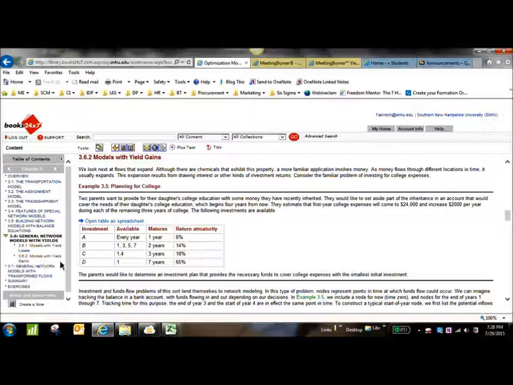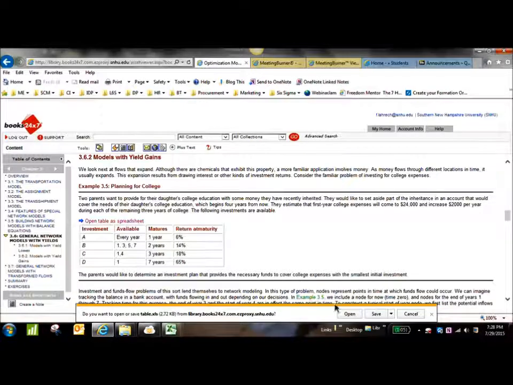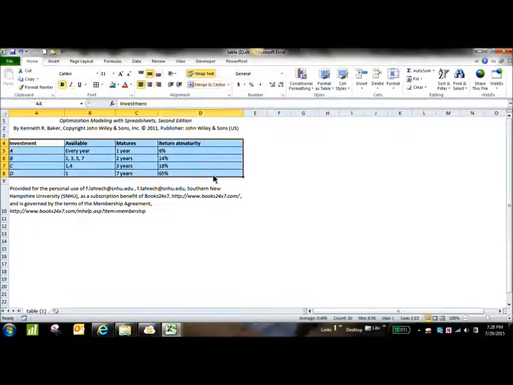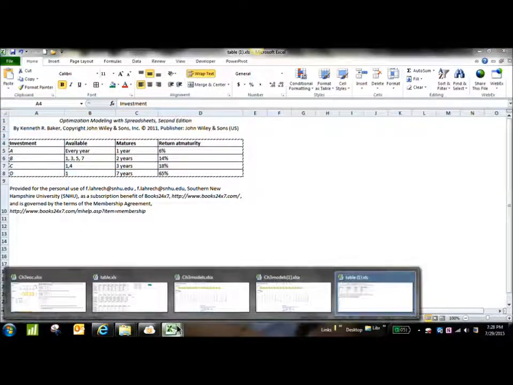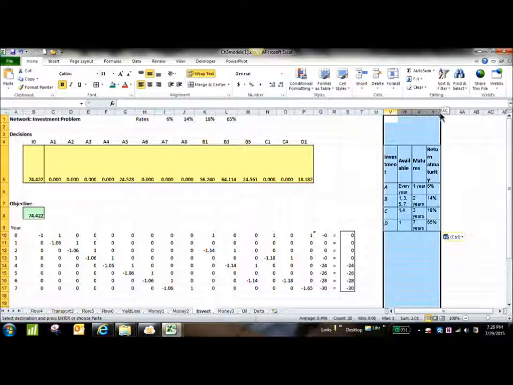This is the section where the textbook starts talking about yield gain. Once you read through this, it gives you a good understanding of what's going on. Let's open this spreadsheet. Open table spreadsheet. Let's copy this information. This is important information in order to understand this particular exercise. I'm going to paste this here.